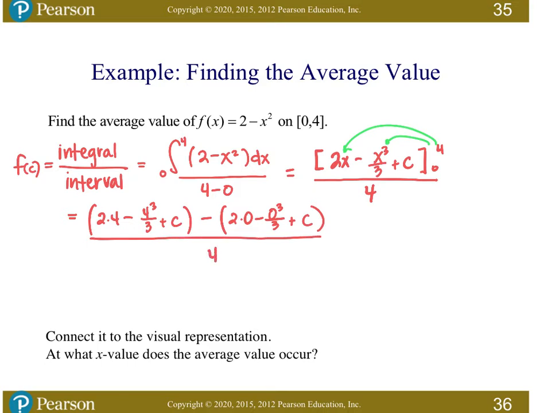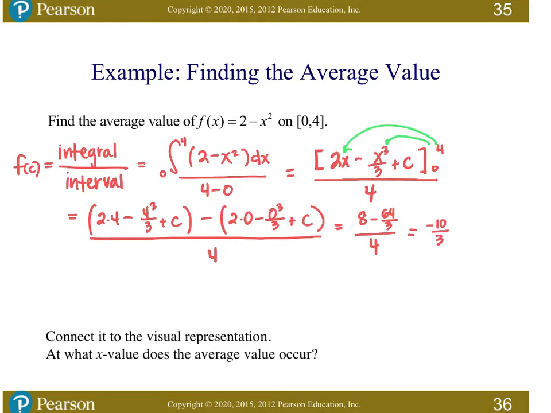And the whole thing is over 4. So that simplifies to be 8 minus 64 thirds over 4, which simplifies overall to be negative 10 thirds.